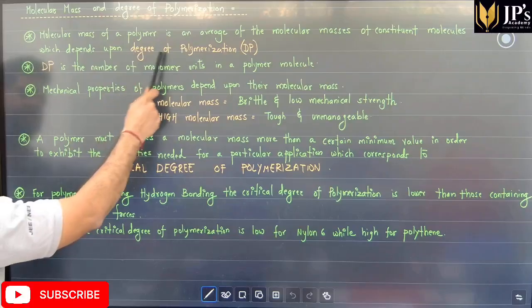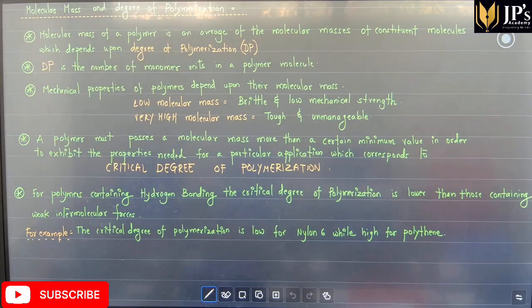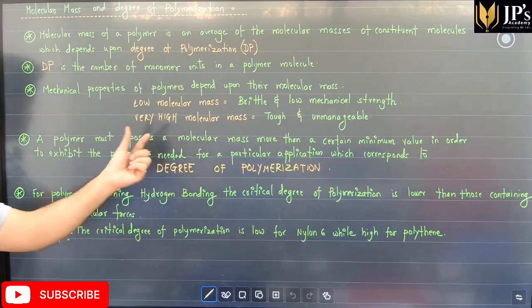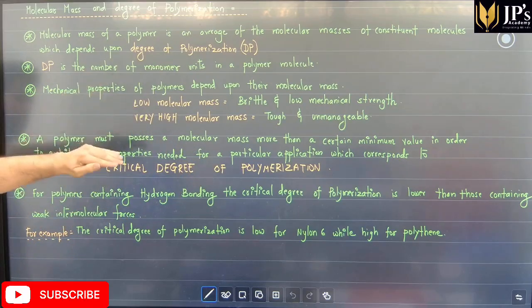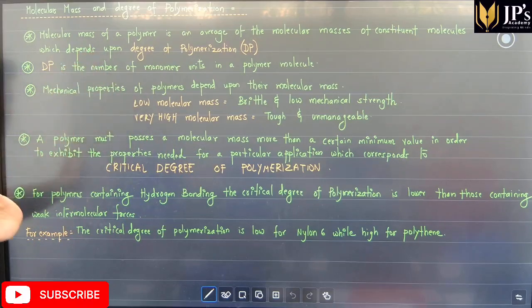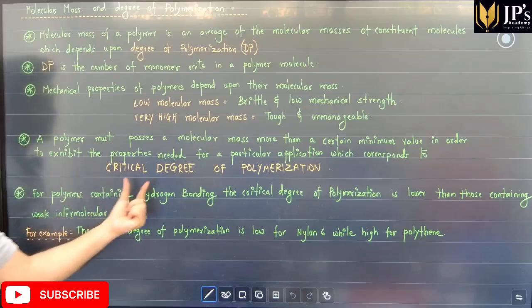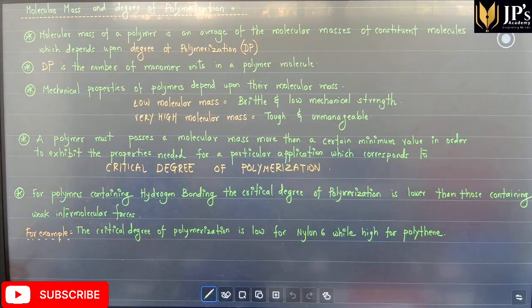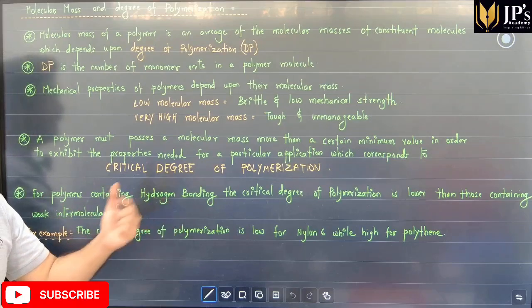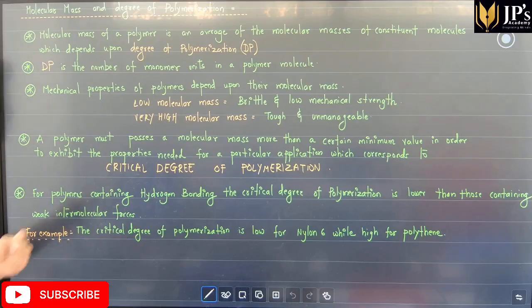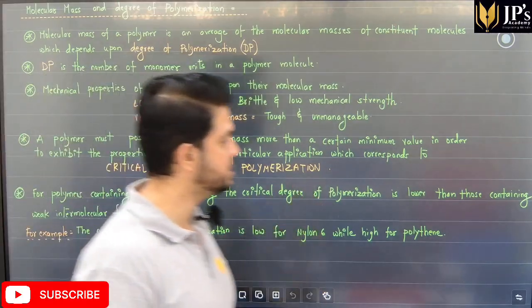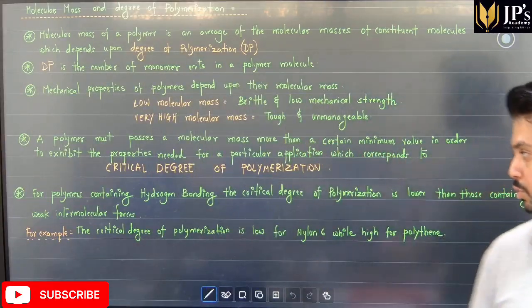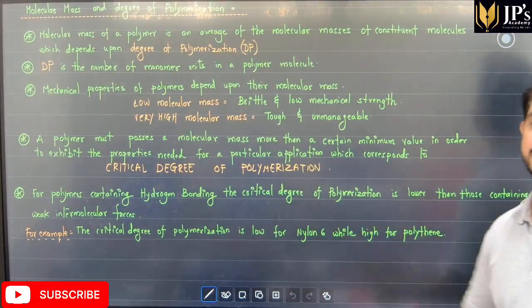The molecular mass of a polymer is an average of the molecular mass of the constituent molecules, which depends on what is called the degree of polymerization. A polymer must possess a molecular mass which should be balanced, not very low, not very high, and this is called the critical degree of polymerization. Why is it important? For polymers containing hydrogen bonding, the critical degree of polymerization is lower than those containing weak intermolecular forces.